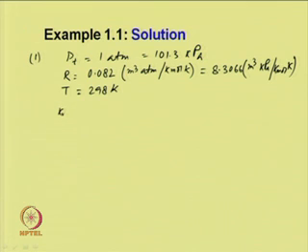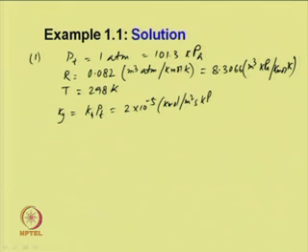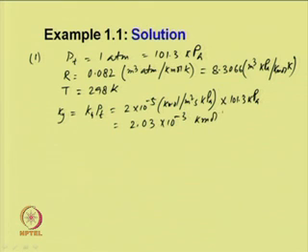Now, K small y is equal to Kg Pt from the conversion equation. So, we can write 2 into 10 to the power minus 5 kmol per meter square second kilopascal into Pt, 101.3 kilopascal. So, this will give you 2.03 into 10 to the power minus 3 kmol per meter square second delta y.